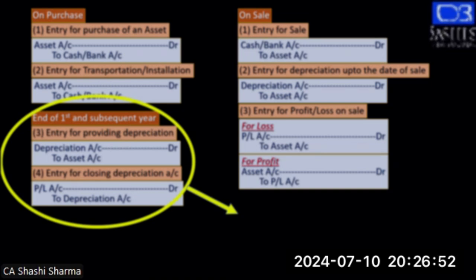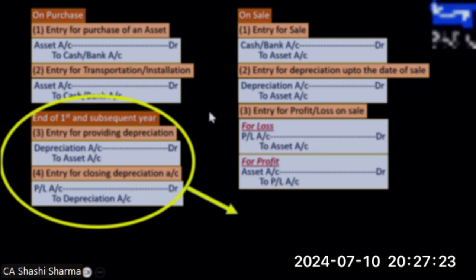Those methods are straight line method and written down value method. Those methods will be discussed later on. At the moment, we are looking at the method of accounting. So one method of accounting says that whenever depreciation occurs, it should be debited and the asset account should be credited, and thereafter this depreciation will be transferred to profit and loss account.